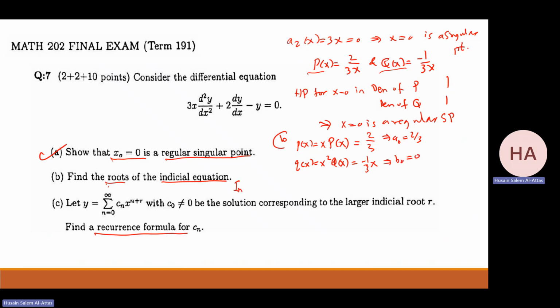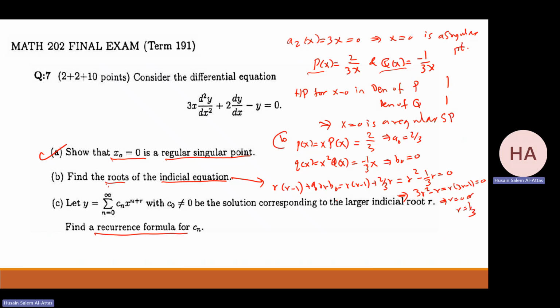So the indicial equation is r(r minus 1) plus a0 r plus b0, and that will be r(r minus 1) plus 2 over 3 r, b0 is 0. That will be r squared minus 1 over 3 r. So multiply by 3: 3r squared minus r, which is r(3r minus 1). So I have r equal 0 or r equal 1 over 3.